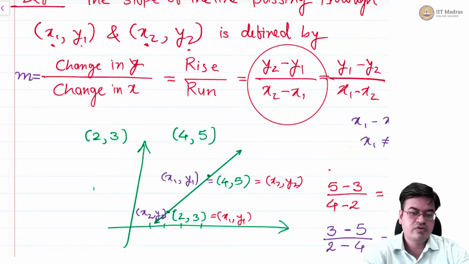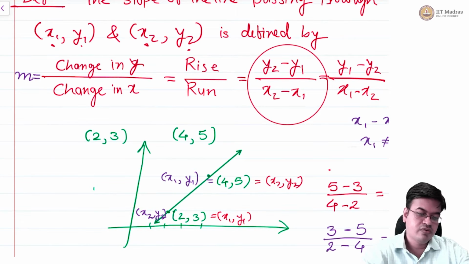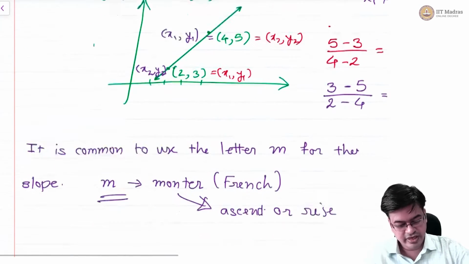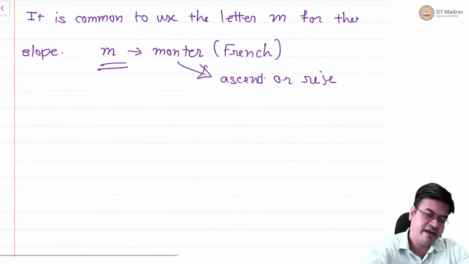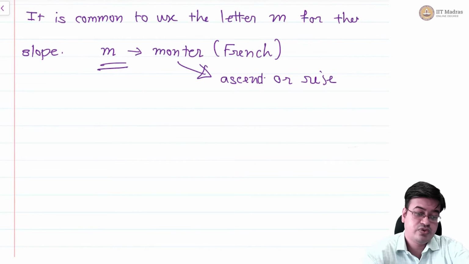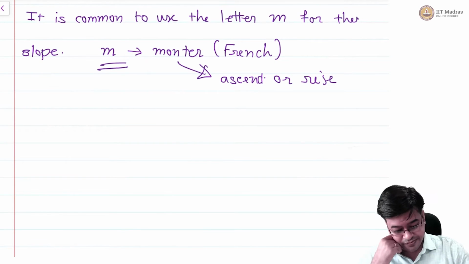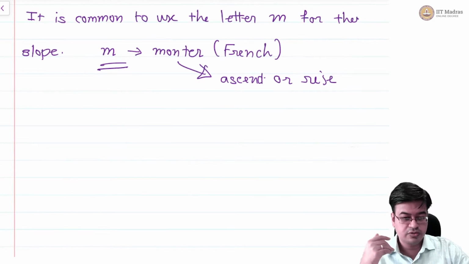Okay. So now that we have figured out what is the slope of a line, we can actually try our hand at finding one or two slopes of the line and see what values the slopes can take.